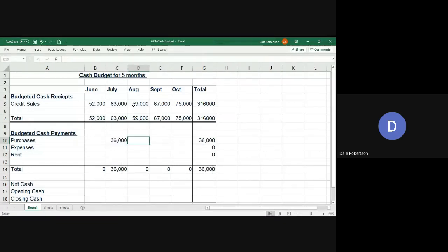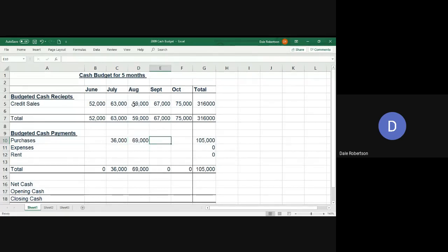Whatever you buy in July, you will pay for in August, which is 51,000. Actually, in August, there is also a cash purchase of 18,000, which we also need to pay for in August. So that 51, we have to add on 18 of a cash purchase in that month. Actually, that turns into 69,000.